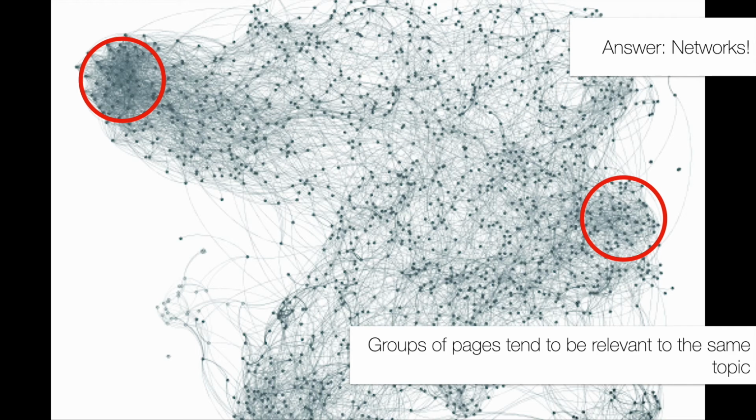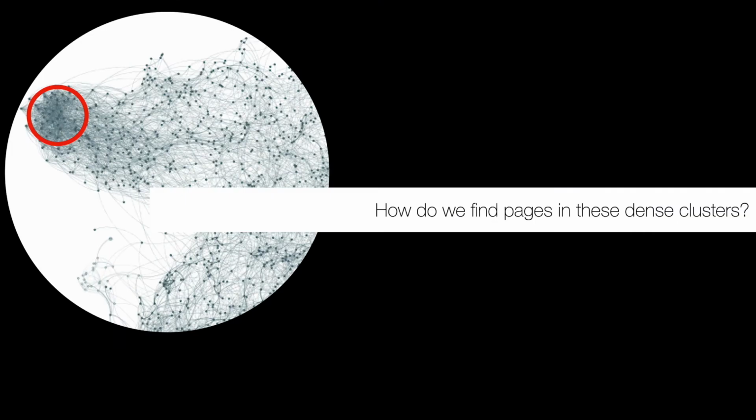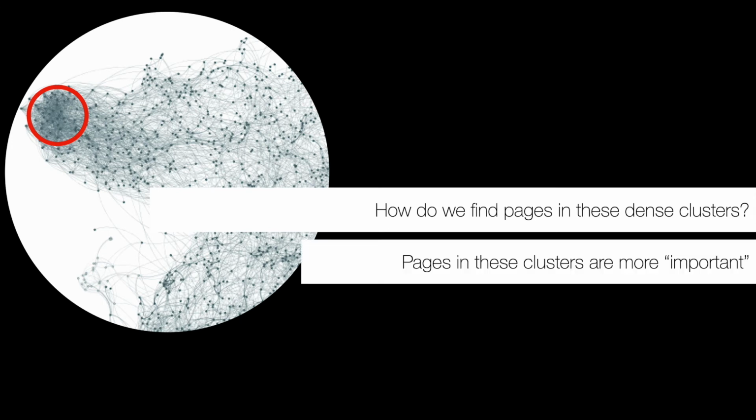We'll talk about what that means, or the relevance of the topic aspect, in a bit. So if we want to look for pages that are important, we can try to find pages embedded in these dense clusters, because pages that are well connected to the rest of the space are more important.